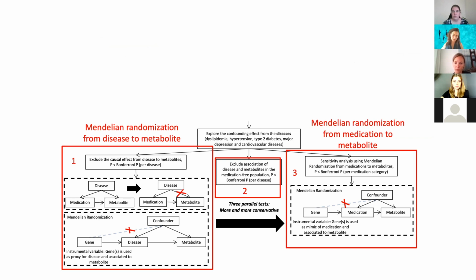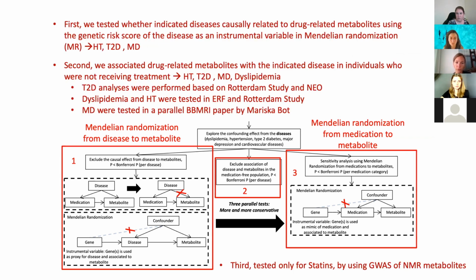The first option was to perform Mendelian randomization from diseases to metabolites to check if the diseases actually have any causal effect on the metabolites. For this one, we used hypertension, type 2 diabetes, and major depression as diseases.